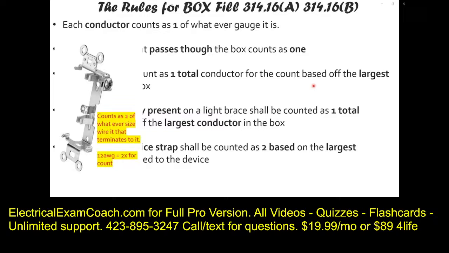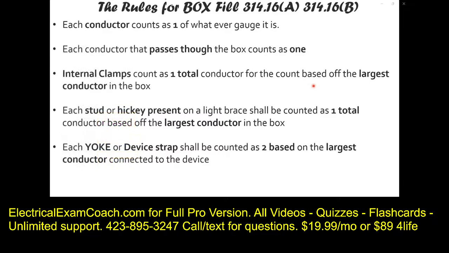If you have a single gang box, 2 gang box, or 3 gang box, each gang is going to count as 2 based off the largest wire that is connected to the device. So if I had a box that had 12 gauge on one switch and 14 gauge on another switch, the first switch would count as 2 12s and the second switch would count as 2 14s.